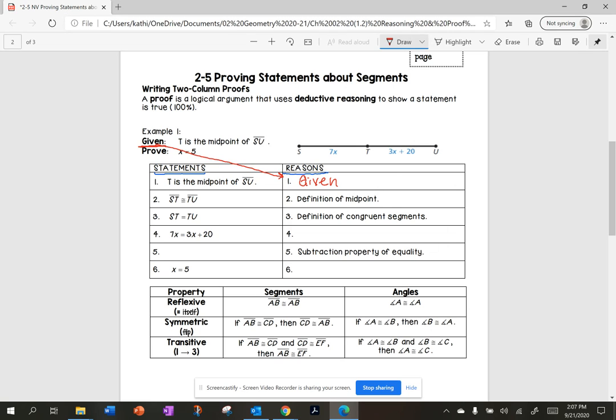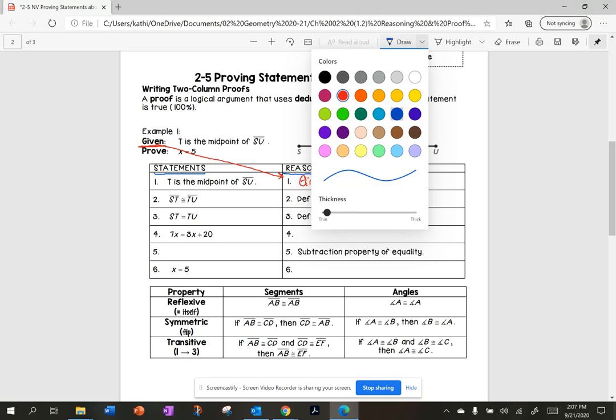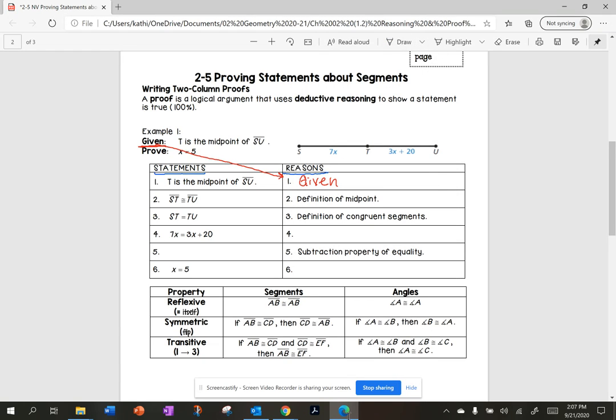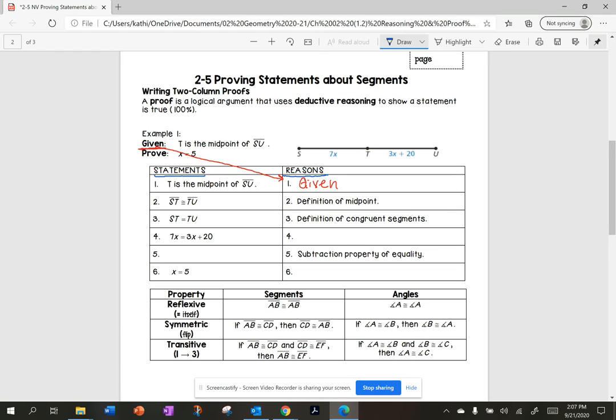And the statement that's given, T is the midpoint of segment SU, is the first statement. So given is the first reason, and the information given is always the first statement.